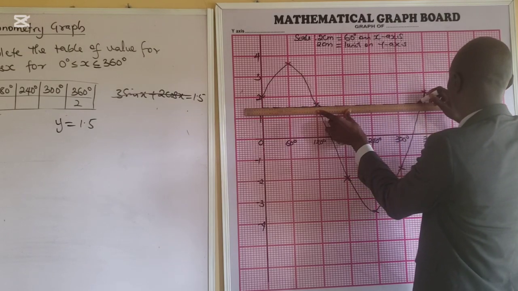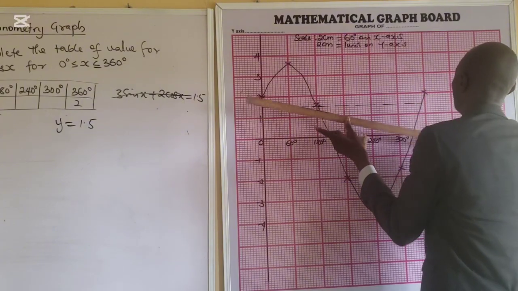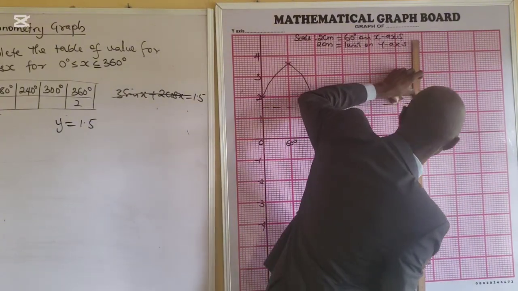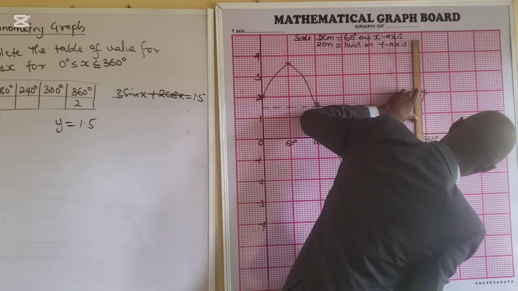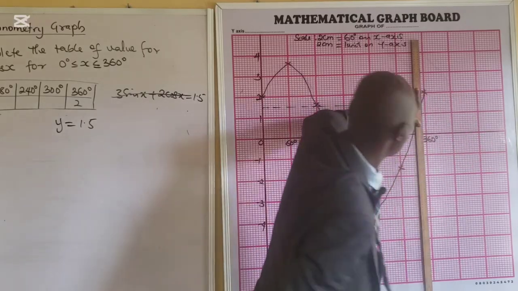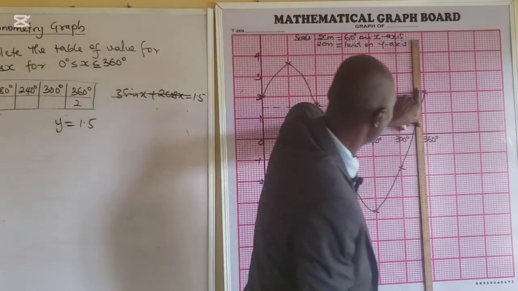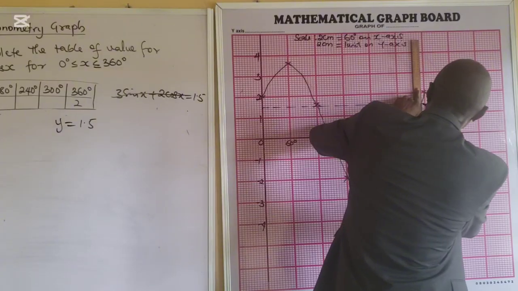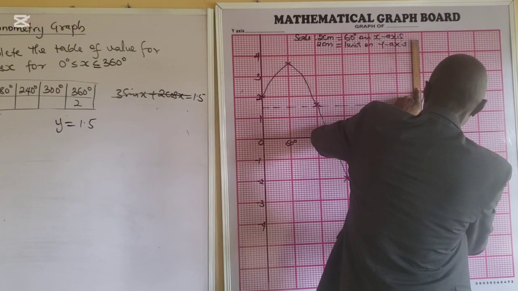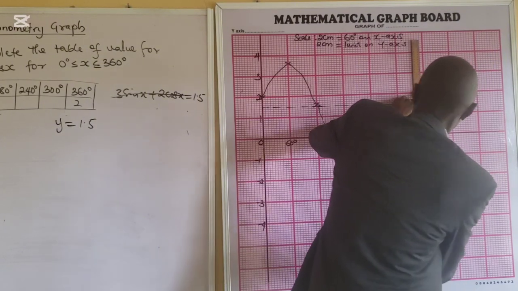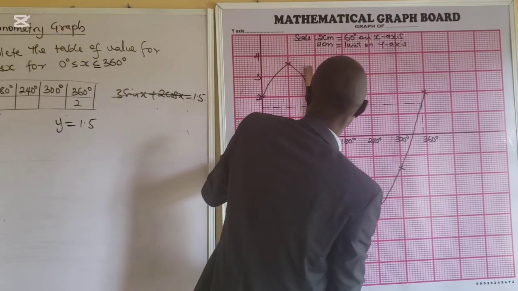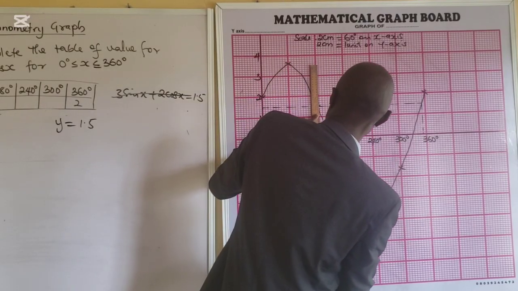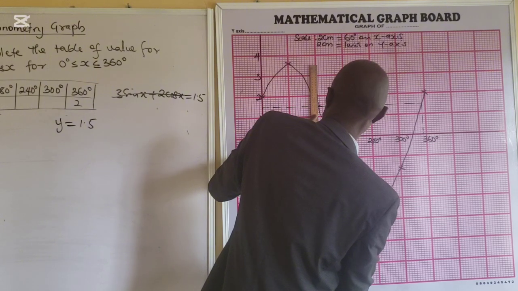It touches it here. So I will now draw from where it touches down. Look at where it touches here. I will now draw from where it touches here down too.